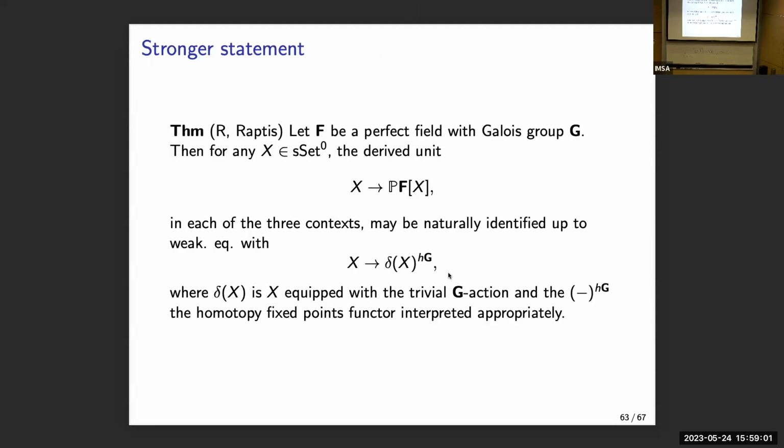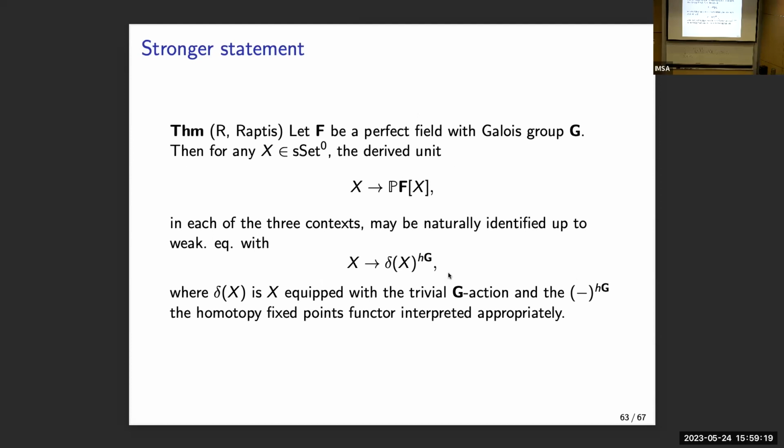Finally, we also proved a stronger statement for an arbitrary perfect field. If F is a perfect field with absolute Galois group G, then we can say the following about the derived unit of our adjunction.